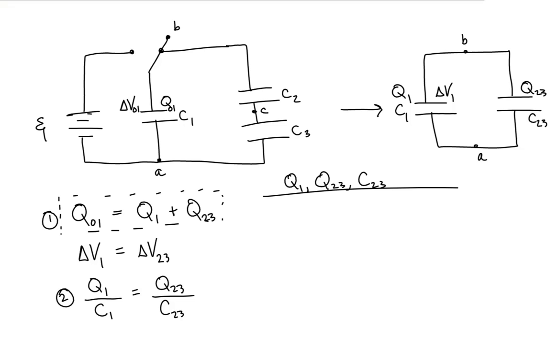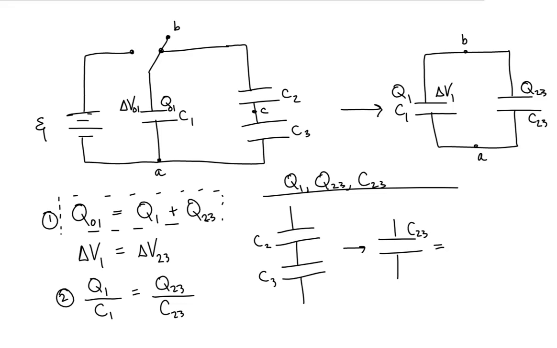Remember that equivalent capacitor, C23, comes from the series connection of capacitors 2 and 3. And when we do that series connection of capacitors 2 and 3 to get our equivalent capacitance, we know that the equivalent capacitance of capacitors in series is equal to the reciprocal of the sum of the reciprocals of the individual capacitors.